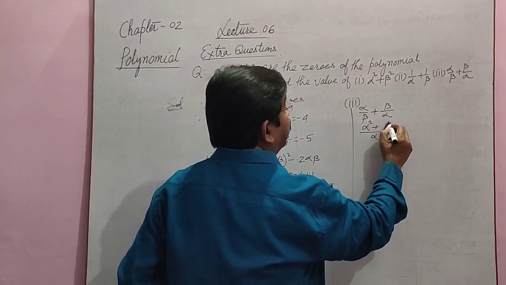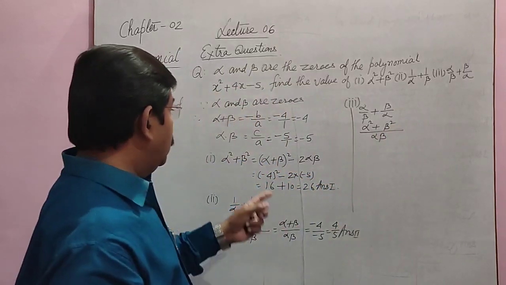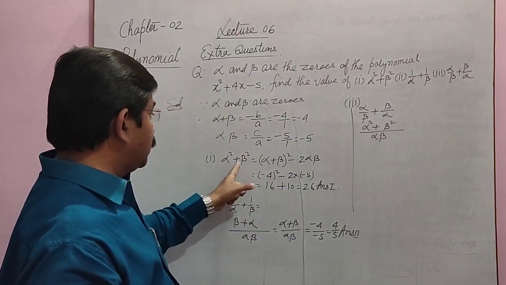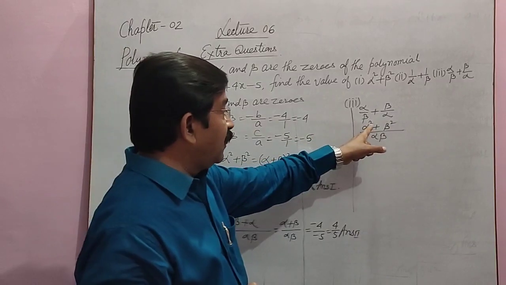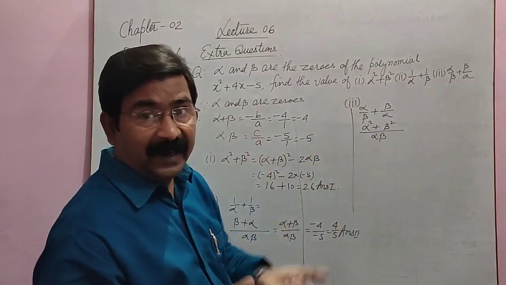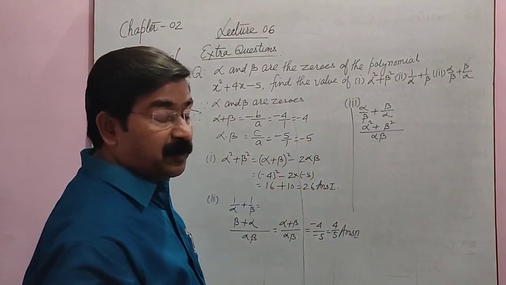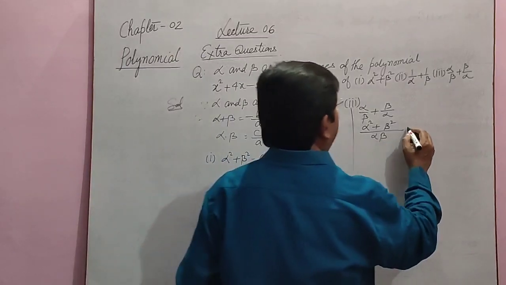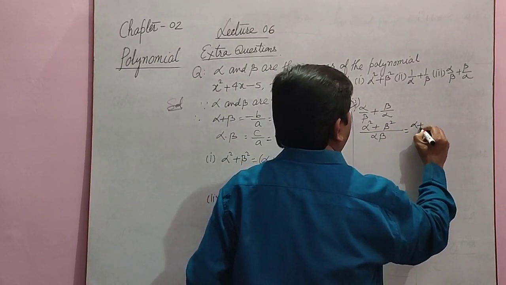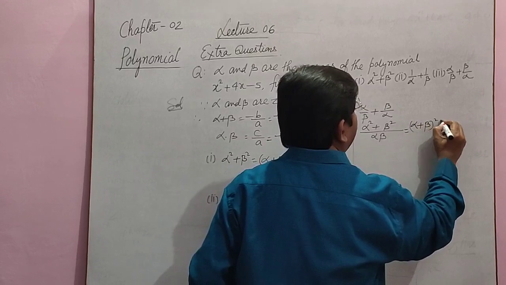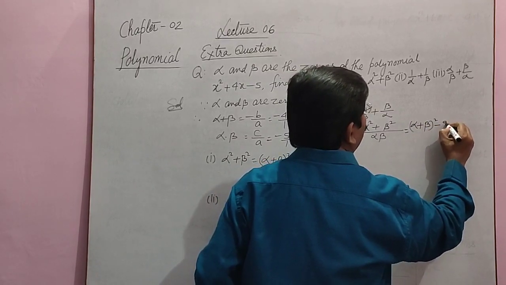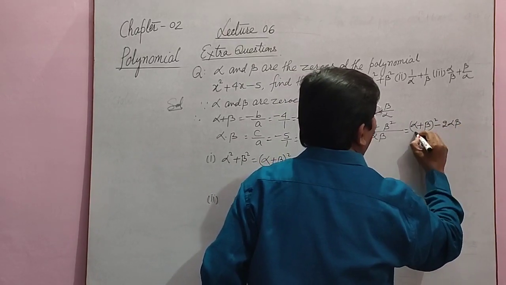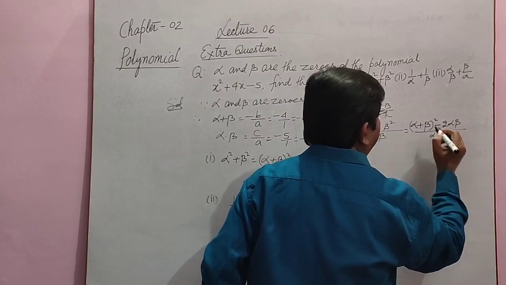We have beta square. Once again, as the first part was alpha square plus beta square, we have alpha square plus beta square. We can write the value of alpha square plus beta square in perfect square form. So this is alpha plus beta whole square minus 2 alpha beta upon alpha into beta.